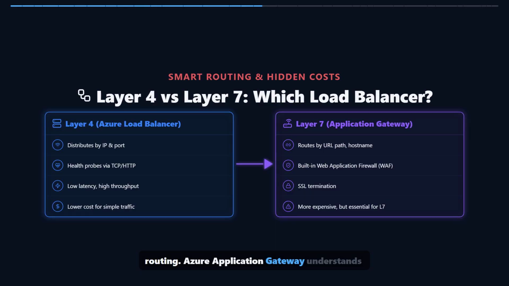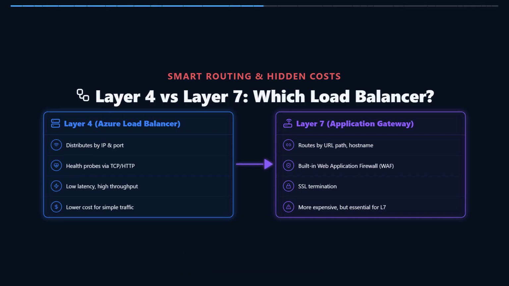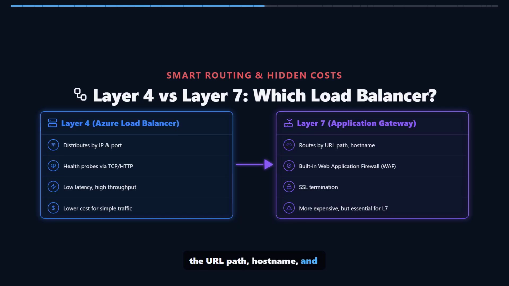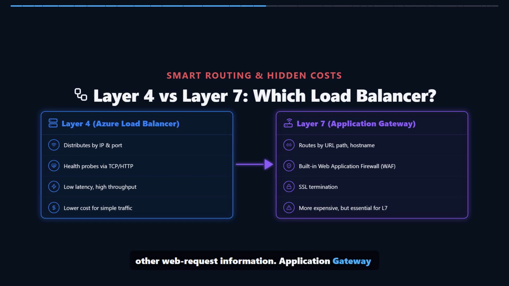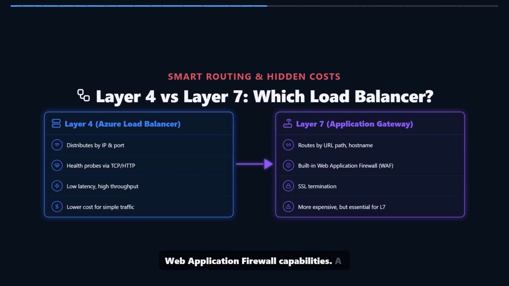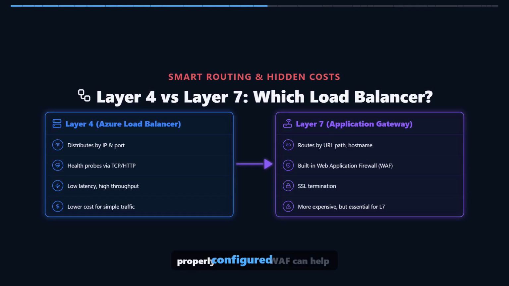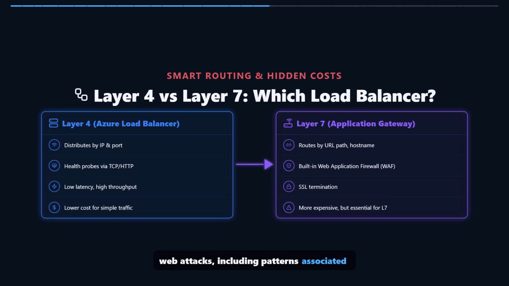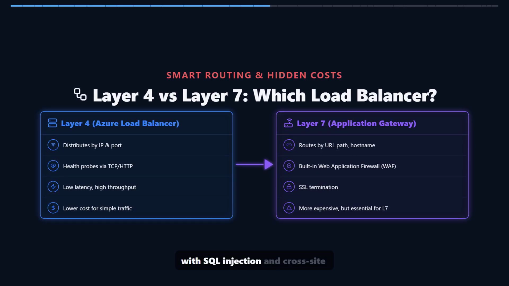Azure Application Gateway understands HTTP and HTTPS traffic and can route requests based on the URL path, hostname, and other web request information. Application Gateway can also be deployed with Web Application Firewall capabilities. A properly configured WAF can help detect and block many common web attacks, including patterns associated with SQL injection and cross-site scripting.